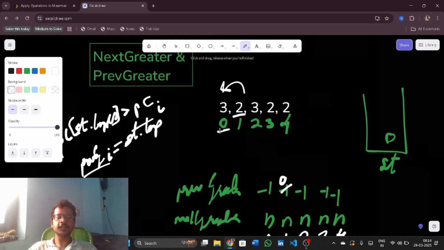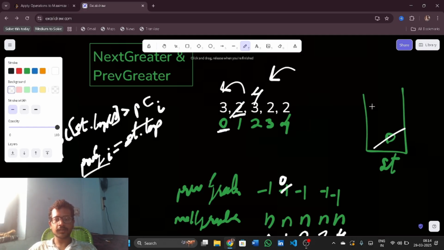Now for this 0, imagine I am having this 4, just for explaining how the next greater element works. Then I need to remove this 0, and I would store the previous one as the greatest element.